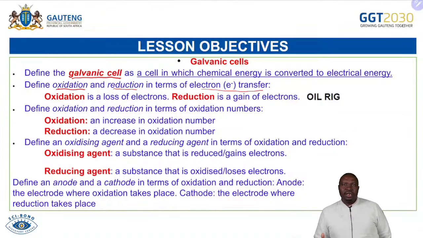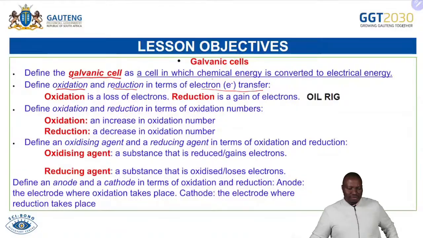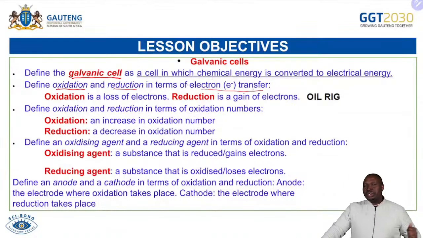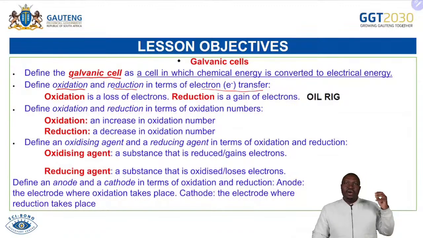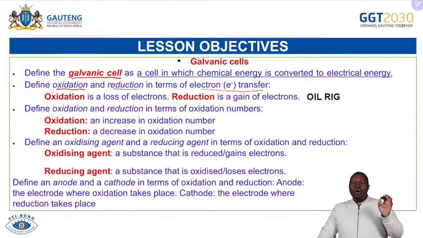So always when you're answering the question, check whether the question wants you to define oxidation or reduction in terms of electron transfer or in terms of oxidation number. So don't be too excited when you're answering the question. Always check whether the question requires you to refer to electron transfer or to oxidation numbers.